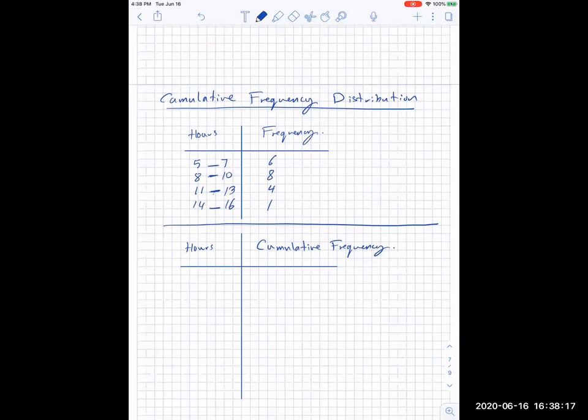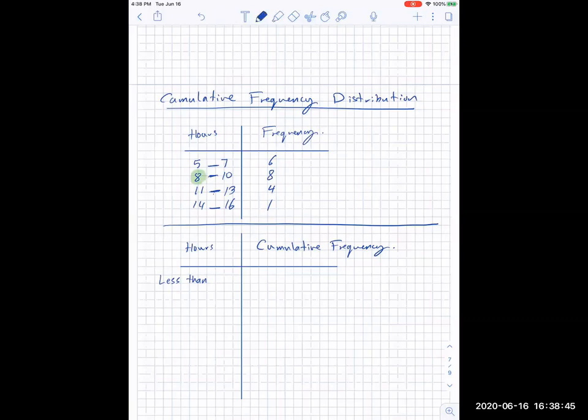And then I'm going to use the phrase less than. This is a standard, guys. My phrase is not up to you what to write. Here we're going to use this standard phrase less than. And then we're going to put the lower limit of the second class, not the first one, not the 5, the 8.